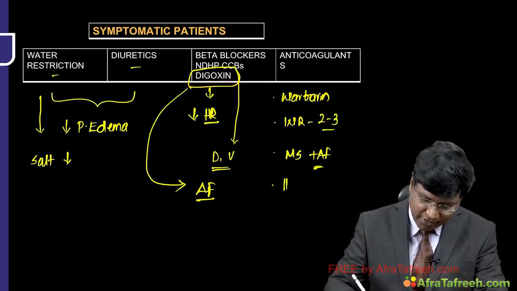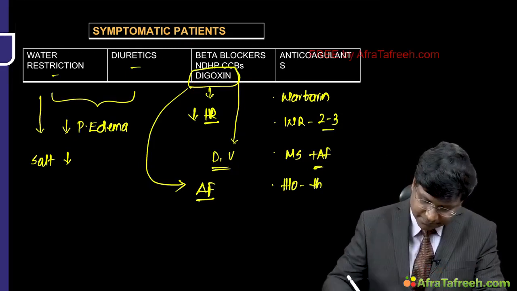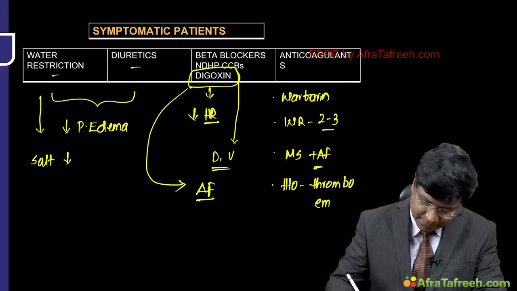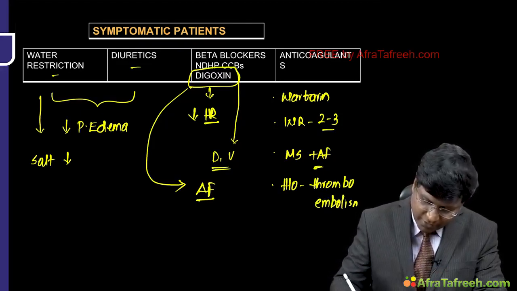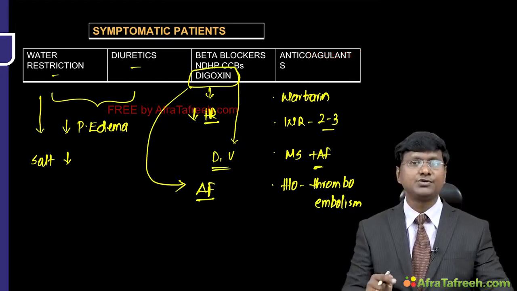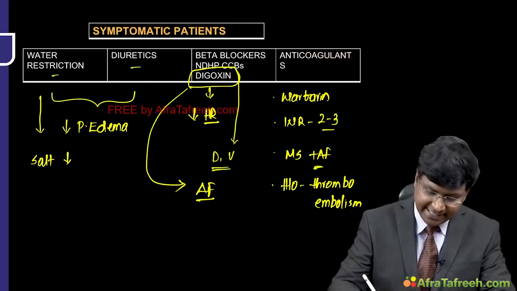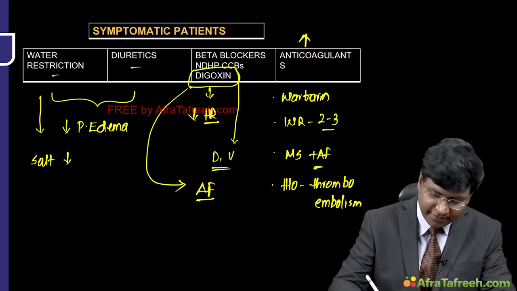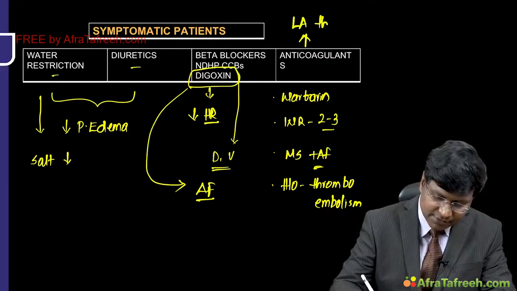And those patients who have a history of thromboembolism, right, in them also you need to give the anticoagulant. And you need to give warfarin if there is the presence of the LA thrombus, right?